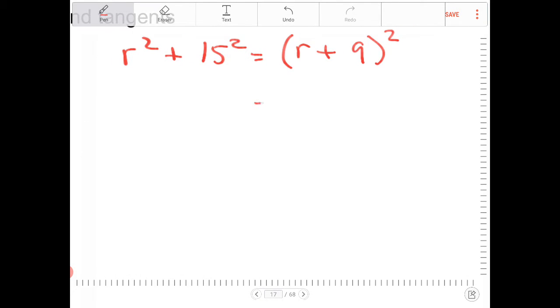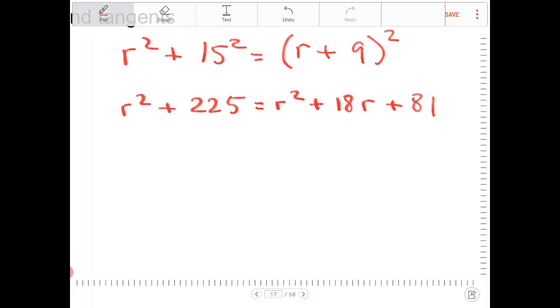In order for us to figure out what the right-hand side of this equation is, we got to FOIL. R plus 9, when FOILed, will turn into R squared plus 18R plus 81. The left-hand side here is R squared plus 15 squared. 15 squared is 225.